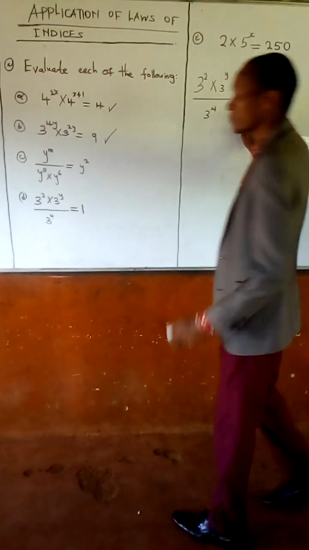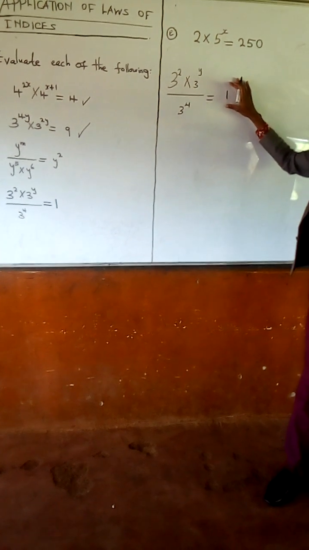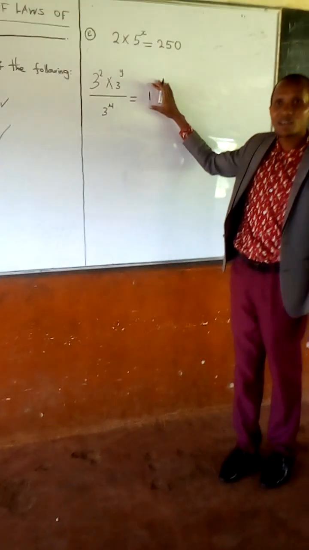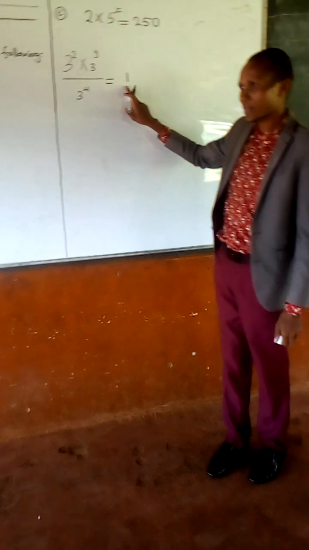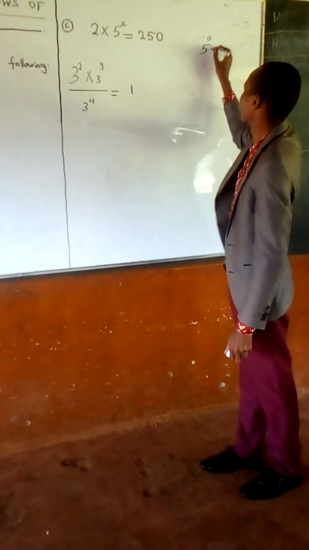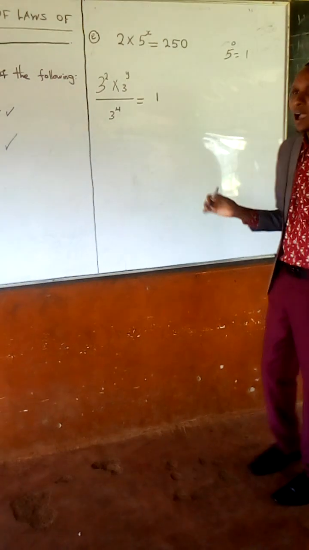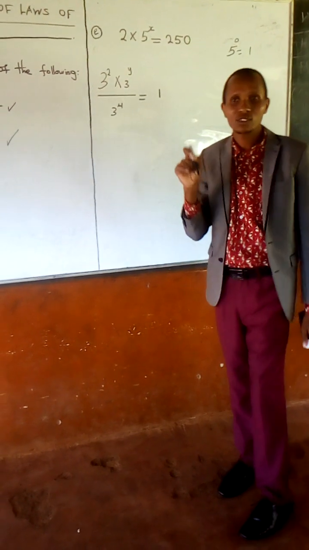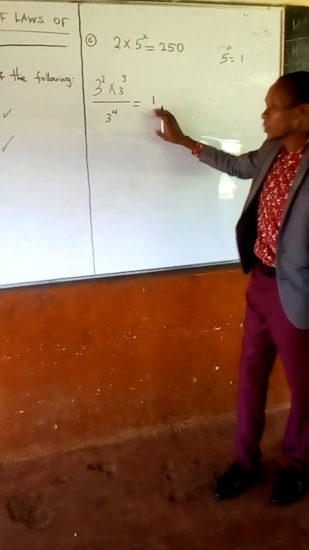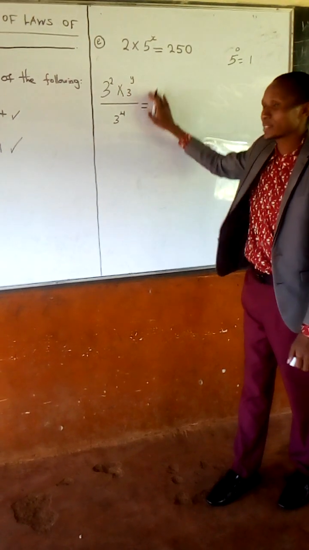Now, before we proceed, class, as you can check, this one is applying what we call the zero indices. Remember, when we write a number, let's say 5 raised to 0, it gives us 1. A number raised to 0 results in 1. So first of all, which number, when raised to 0, gives us 1 on this side?